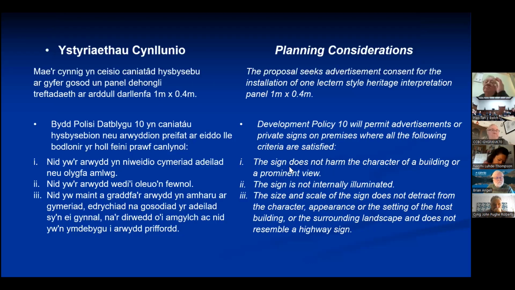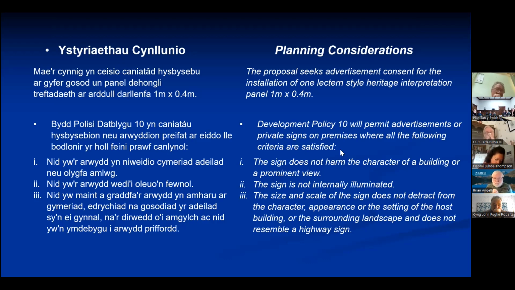So turning to the main planning considerations, there is national policy, Technical Advice Note 7, outdoor advertisements and control. There's the local development plan, development policy 1, strategic policy A, but also development policy 10, which is the main policy in this instance.